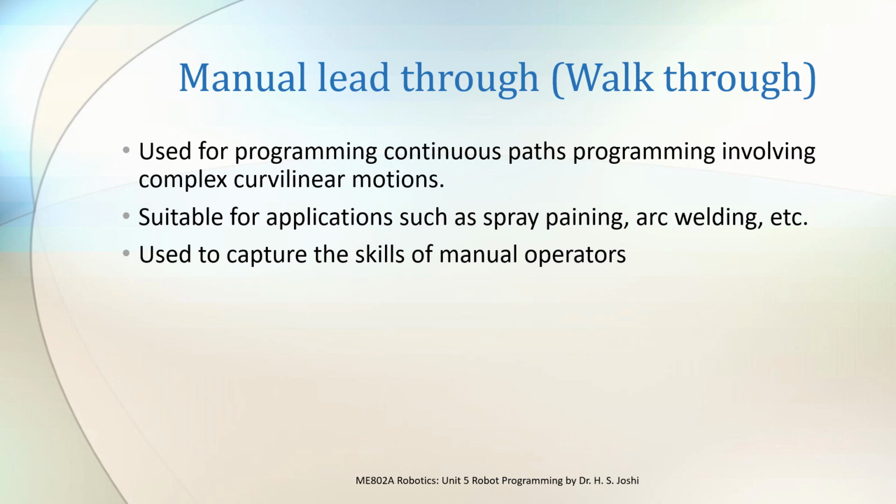Those motions will be recorded, and for any number of times in the next cycles, the same cycle of motions or operation will be continued by the robot. Obviously, textual programming is not involved in this, or very little requirement will be there to give textual commands. So this method of programming is very easy.